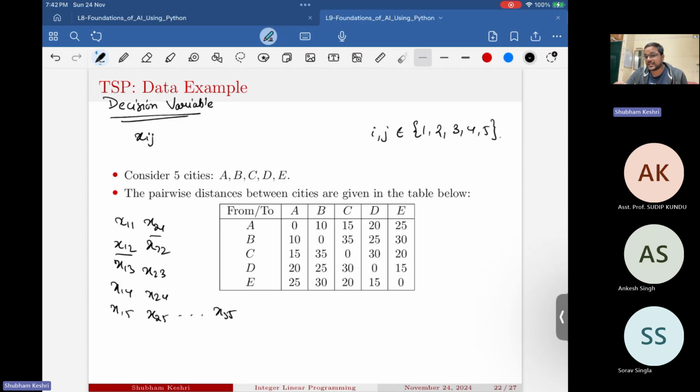But what does this decision variable represent? How will we define it? We have some idea that xij can be a decision variable, but we have not specified clearly whether it will be an integer, real valued, or binary.